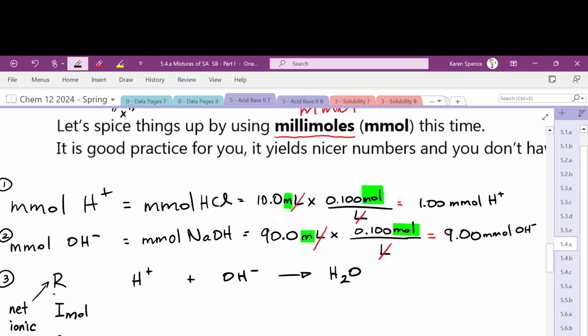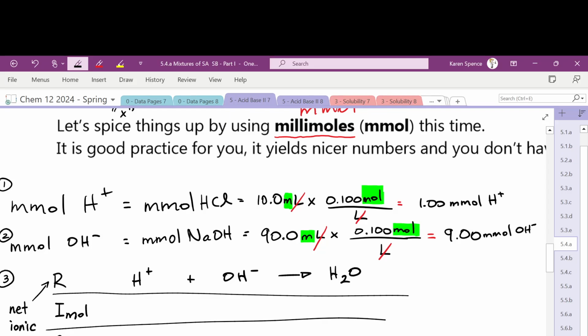Okay? Initially, how much H plus do we have? 1 millimole. And in fact, I'm just going to put a little m over here. 1 millimole. So I have 1 millimole. How much OH minus do I have? 9 millimoles.